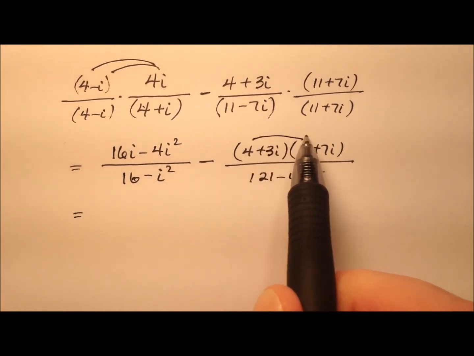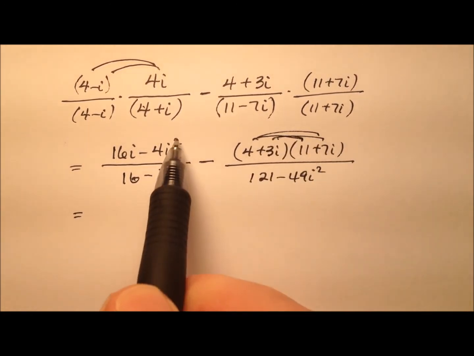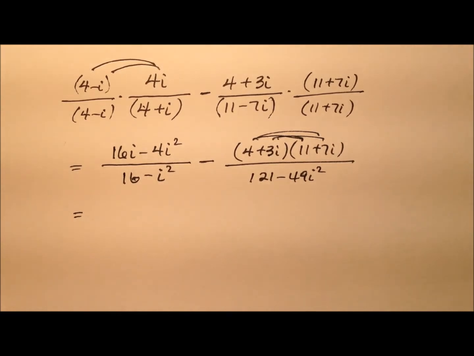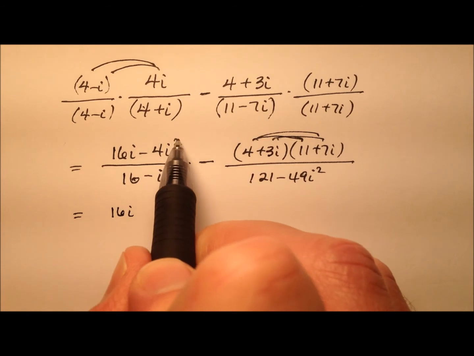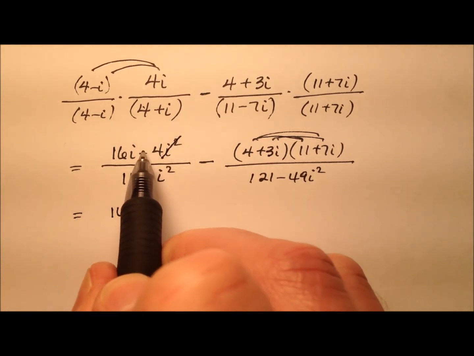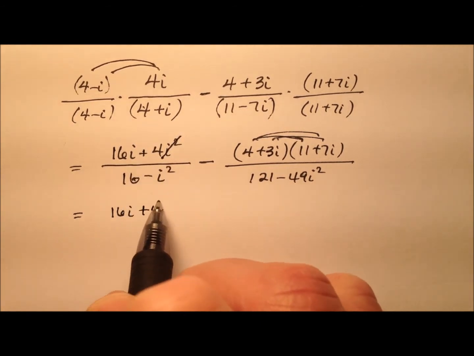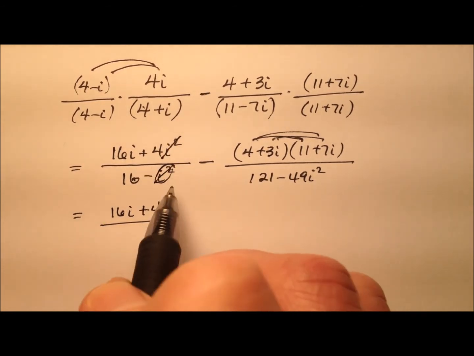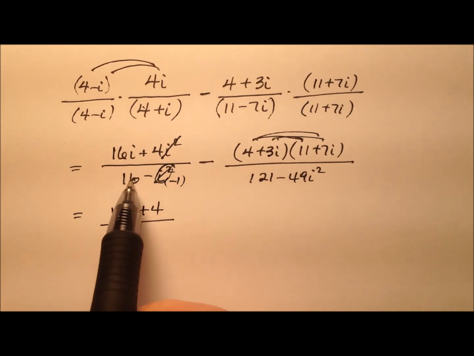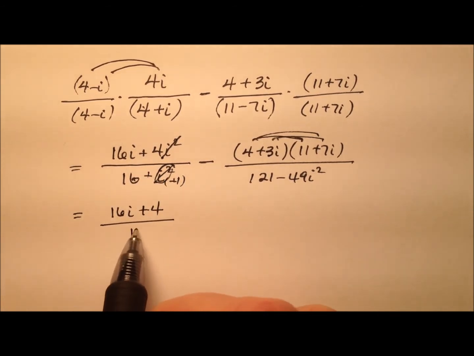So let's go ahead and work our multiplication here and simplify this stuff and just see where we are. So this will be 16i, and then the i squared here is a negative 1, so that'll just change the sign to plus 4. And here this i squared is a negative 1, so it'll be 16 plus 1 is 17.